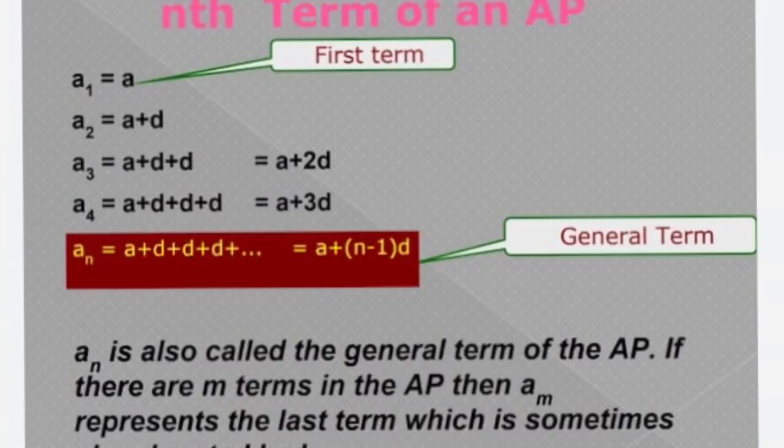So An is A plus n minus 1 into D. An is also called the general term of the AP. If there are m terms, and Am represents the last term, which we can also write as L, small l, which is the last term.